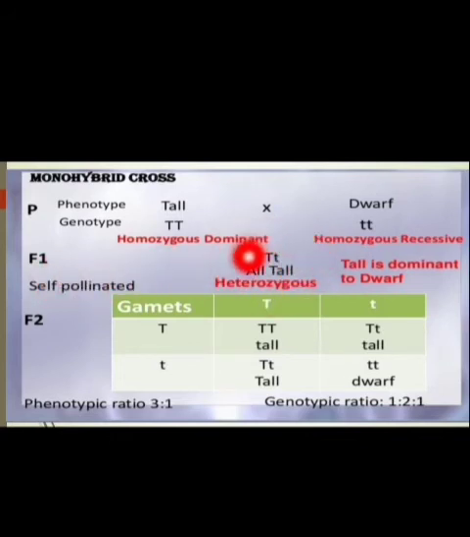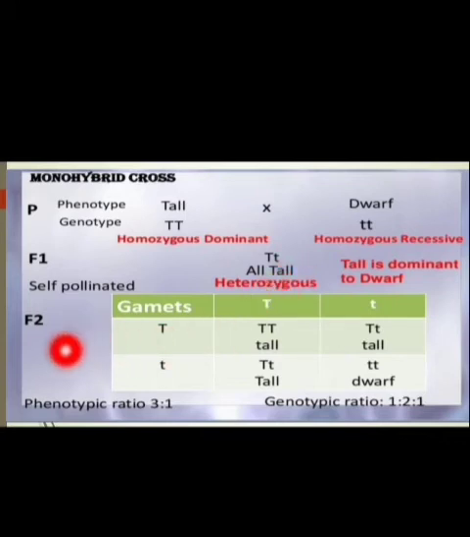Here in this F1 generation the hybrid plant is produced and it is tall. The tall character expresses itself in the F1 generation, so tall is dominant, and dwarf, which does not express itself in the F1 generation, is recessive. So in the F1 generation the plants formed are tall, but they are hybrid or heterozygous, right?